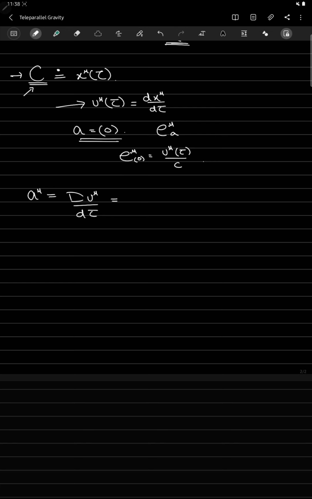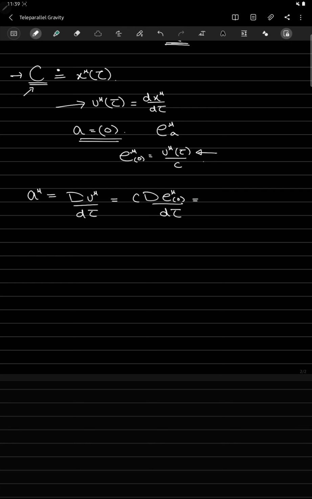I can define my velocity from this equation. Taking the absolute derivative like this, where D is the absolute derivative, and c is just a constant, so I can throw it out and I'm left with De mu 0 over d tau.